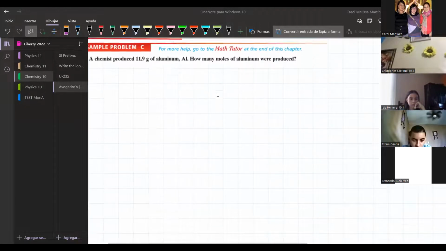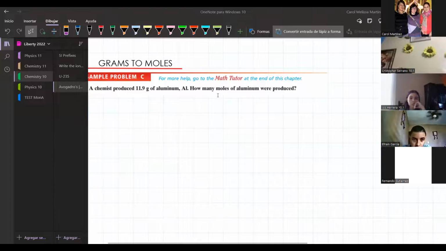Now, when we need to convert from grams to moles, let's see this example. A chemist produced 11.9 grams of aluminum, Al. How many moles of aluminum were produced? So they're asking me to find moles, okay? So I need to look for moles.